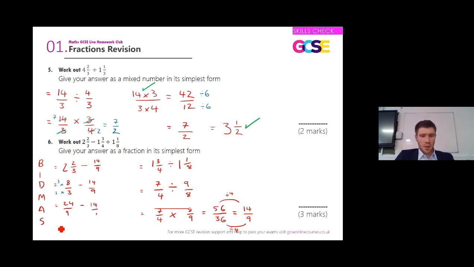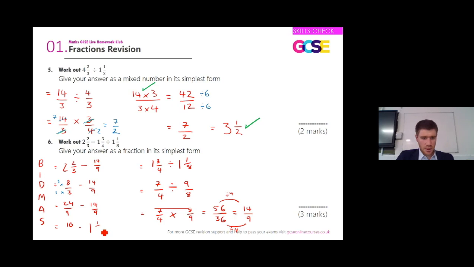Subtraction means the denominator does stay the same in this question. So 24 over 9, subtract 14 over 9. 24 take away 14 is 10 over 9, which gives us 1 and 1/9.